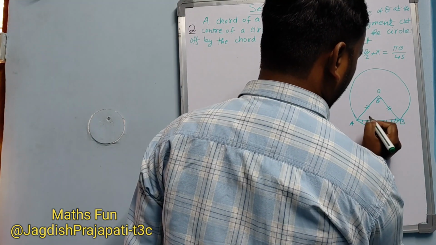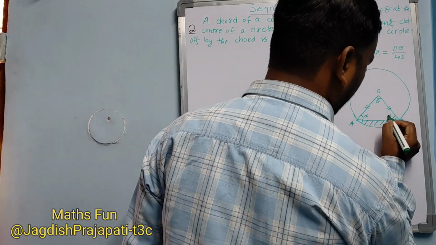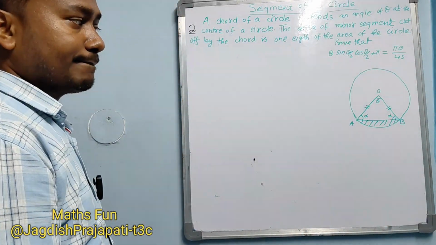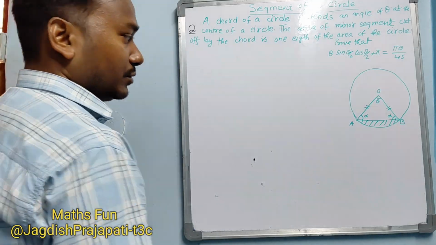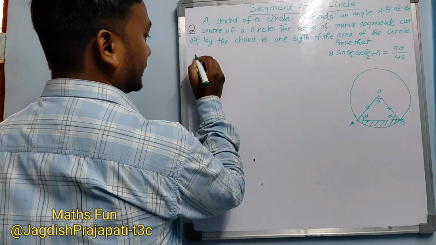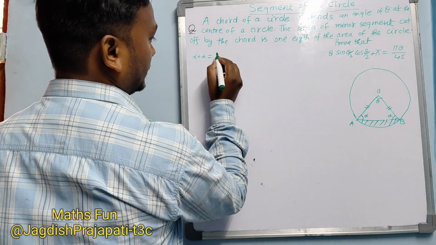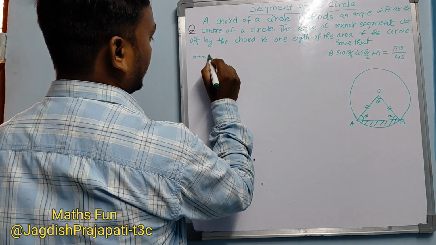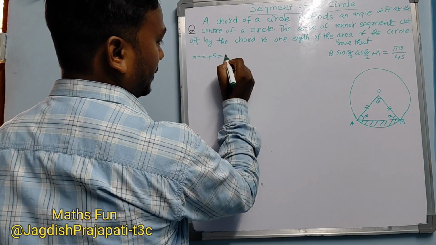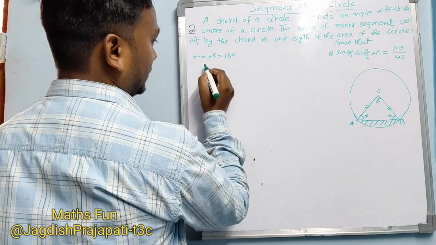Similar to many previous cases, since these sides are equal, these angles will be equal. Now in the triangle, alpha plus alpha plus theta is 180 degree.